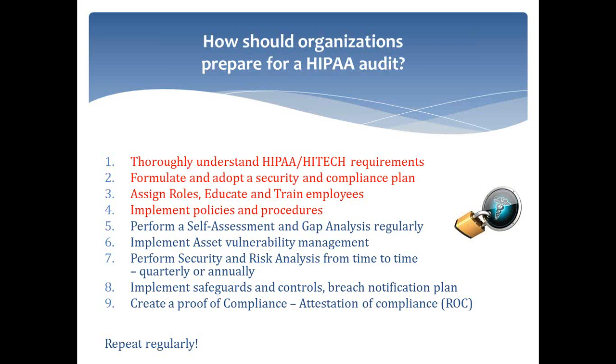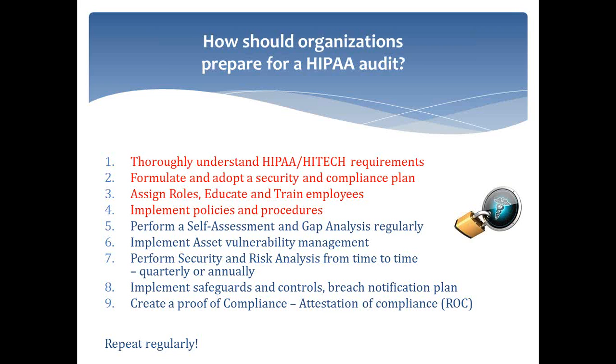And the difference between policy and procedure, which we'll talk about later, is that policies specify what needs to be done, and procedures are about how you want to go about doing it. So steps 1 to 4 are setting the framework in the organization to make sure that you are implementing the basic steps and requirements from a HIPAA perspective.